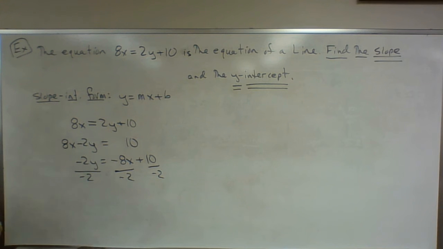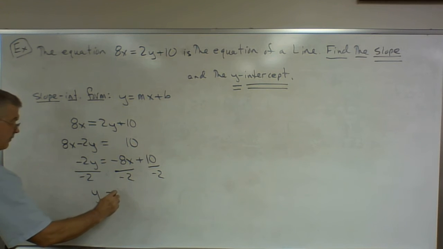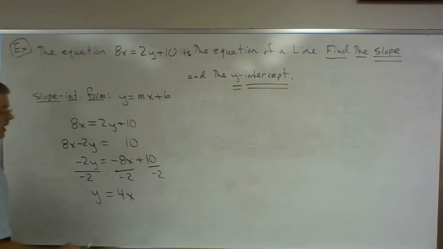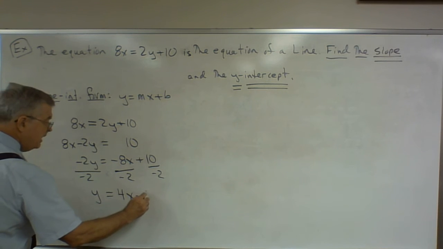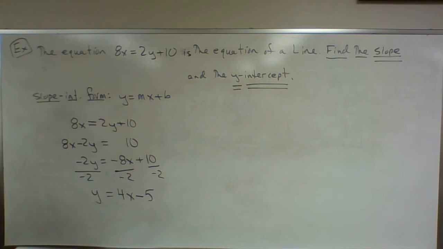We're going to divide both sides by -2. And the -2's cancel here. We get y. That looks good. -8 divided by -2 is 4. And 10 divided by -2 is -5. Slope-intercept form. This equation is in exactly the same form as that equation.